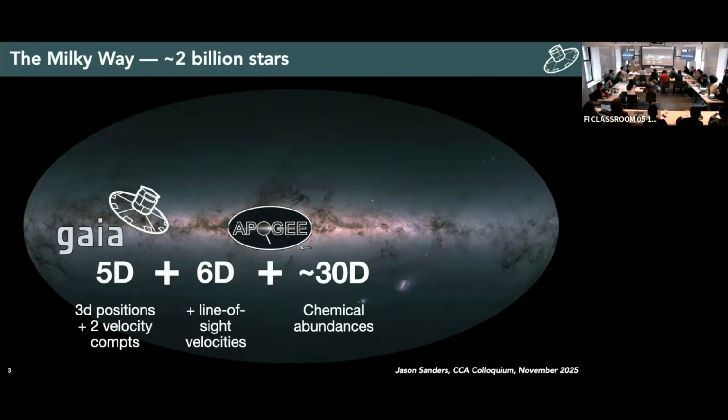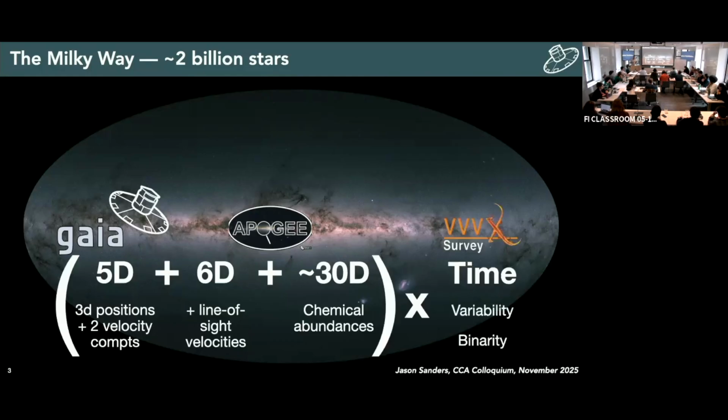We then get the multi-dimensional chemical abundance space, so we can go up to maybe 30 dimensions. And all of this we can observe many, many times. That then gives us access to things like variability of the stars, binarity, a rich array of information.